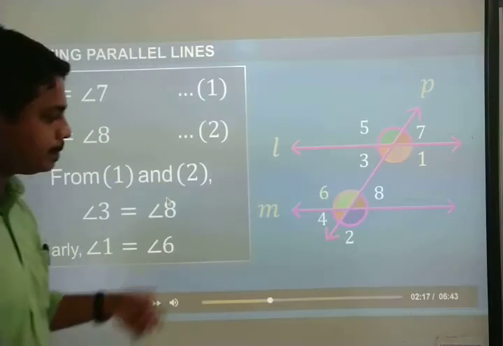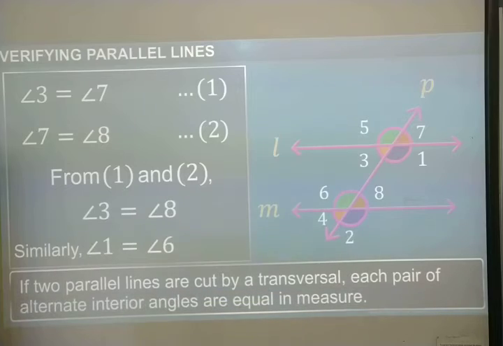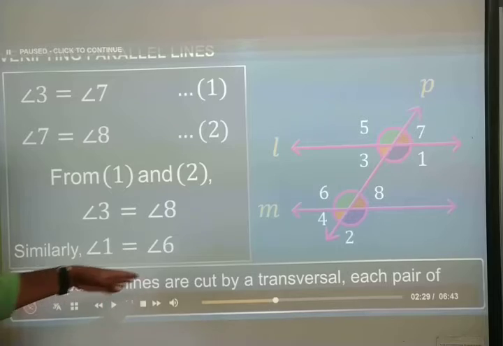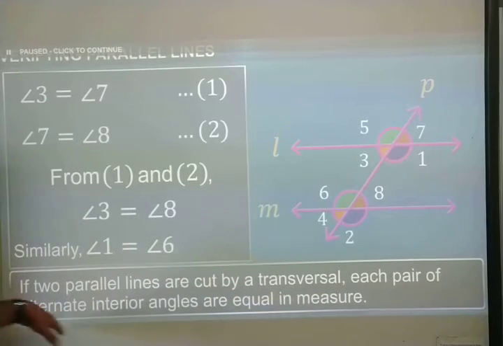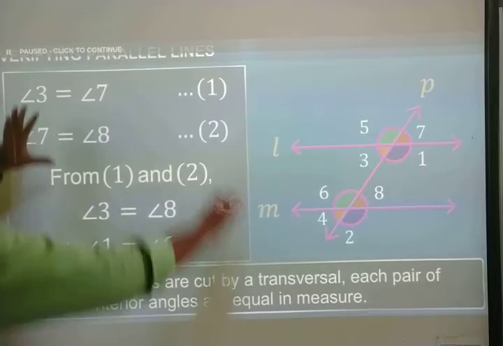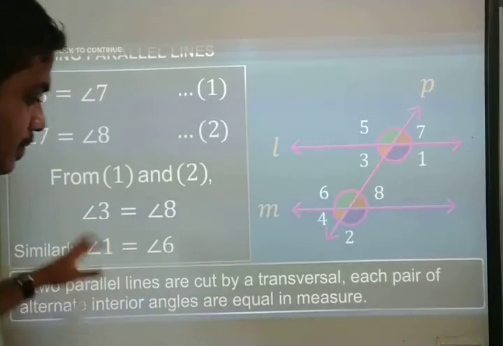So you can see that if two parallel lines are cut by a transversal, each pair of alternate interior angles are equal in measure. So you have to write this line also. Okay, this you have to write in your copy.